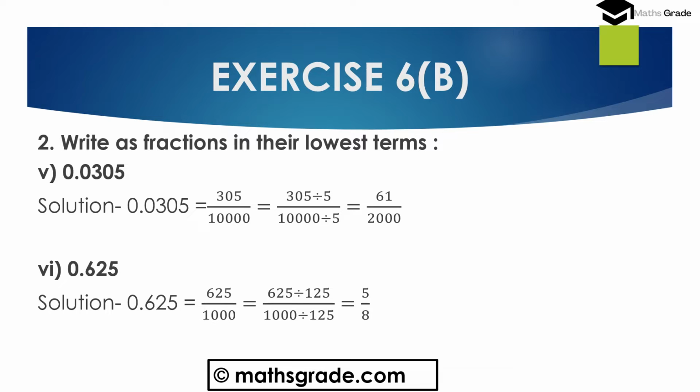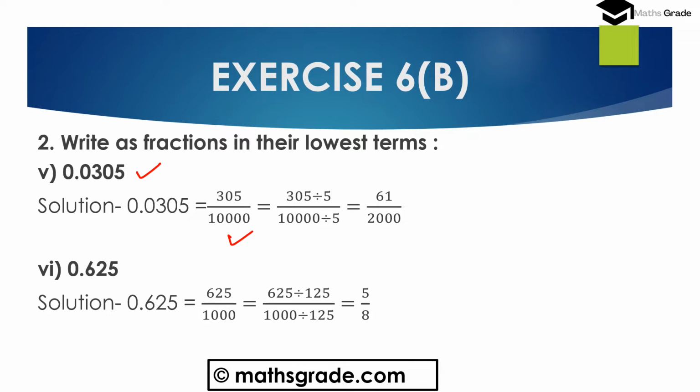Now question number fifth part, 0.0305. We have to find the lowest term of the fraction of the decimal 0.0305. Here after the decimal point there are 4 digits, so we have to divide 305 by 10,000. So 305 divided by 10,000, and between 305 and 10,000, 5 is the common factor.